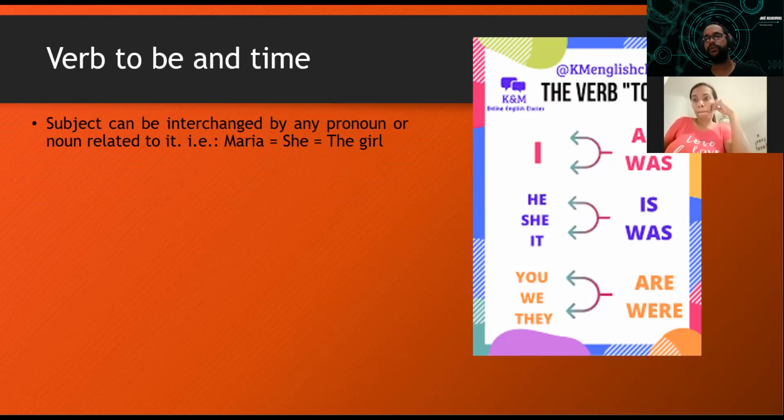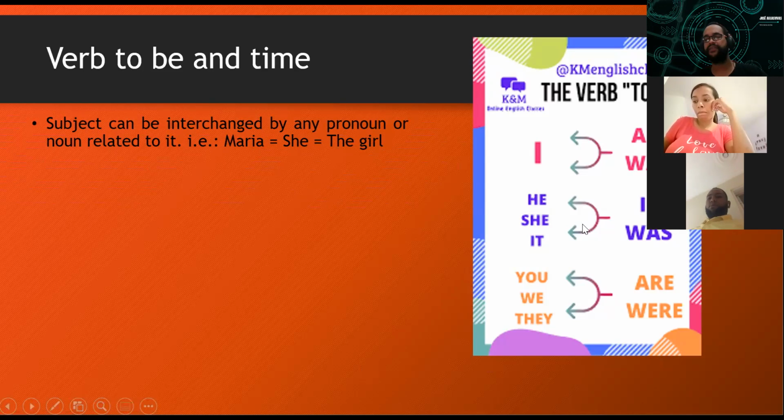And those are gonna be using the correct verb to be. If I'm talking in present, I will go with is. If I go in past, I will go with was. Because when I'm using she, the correct verb to be form is is for present and was for past. You may be familiar to this from previous classes and previous English studies you have done.